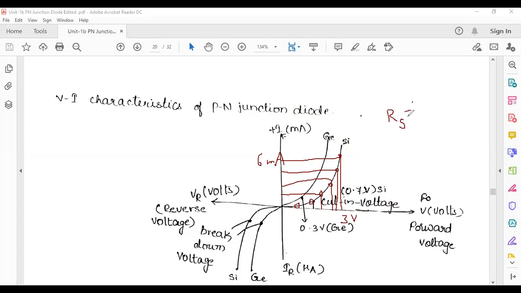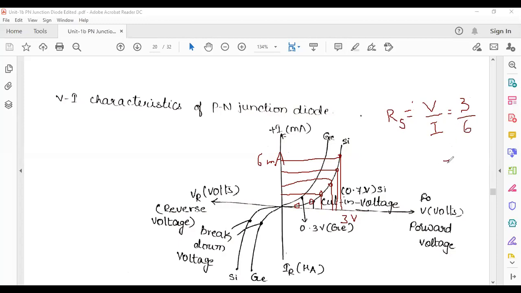Then R is equal to V by I, from the basic Ohm's law formula. V is 3 volts and I is 6 milliamps.